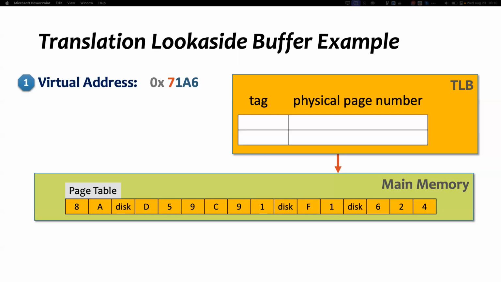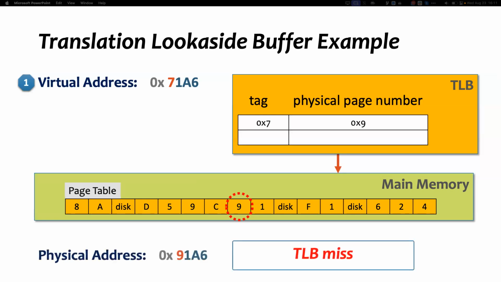So first thing I would do is look into the TLB, right? Nothing's in the TLB, so I don't know what to translate 7 into. So I need to go to the page table in main memory, and I find at index 7, so 0, 1, 2, 3, 4, 5, 6, 7, the number over there is 9, right? So I know I need to translate a virtual page number of 7 to physical page number of 9. So I will bring that entry into the TLB, right?